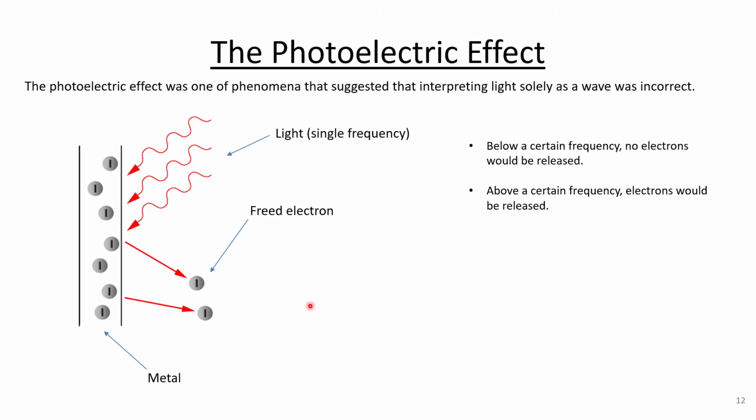Now above that certain frequency, electrons would be released, and freed electrons would have more energy the larger the frequency became. Now we've actually already looked at an equation that implied, even if we didn't really talk about it, the particle nature of light.